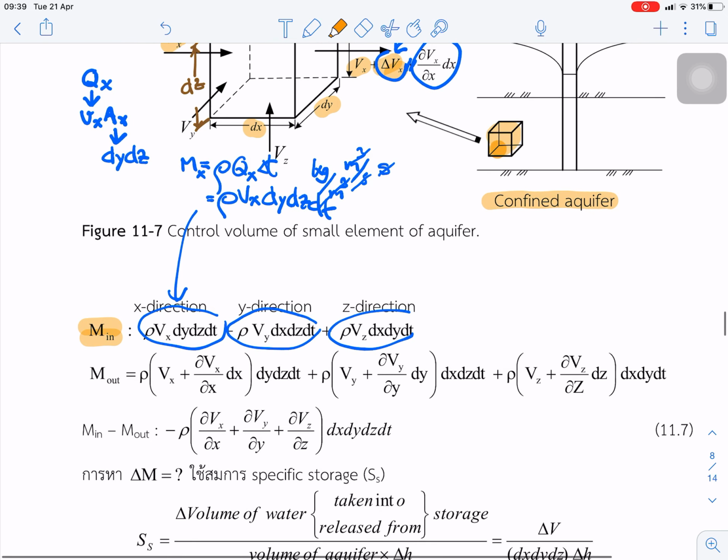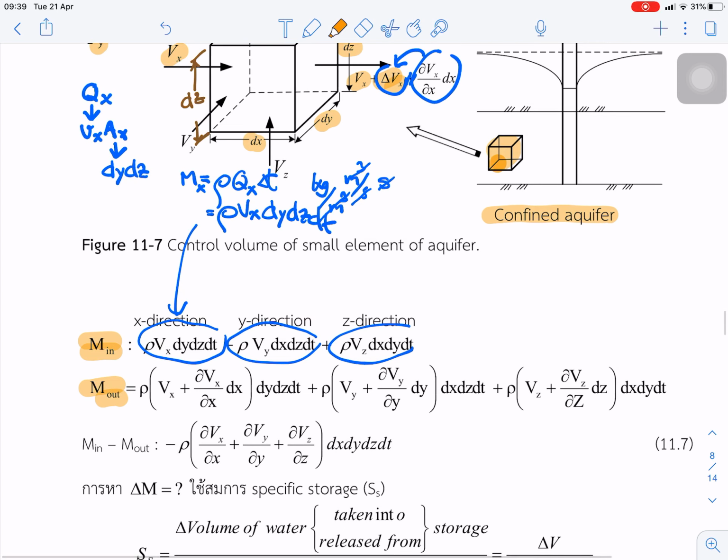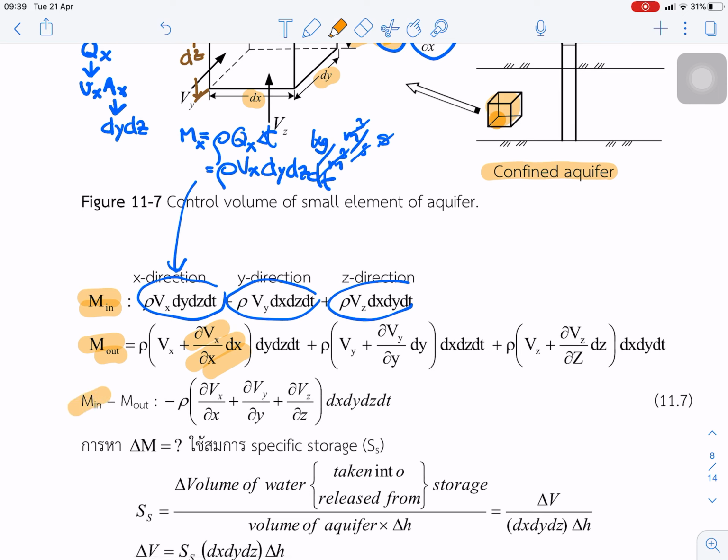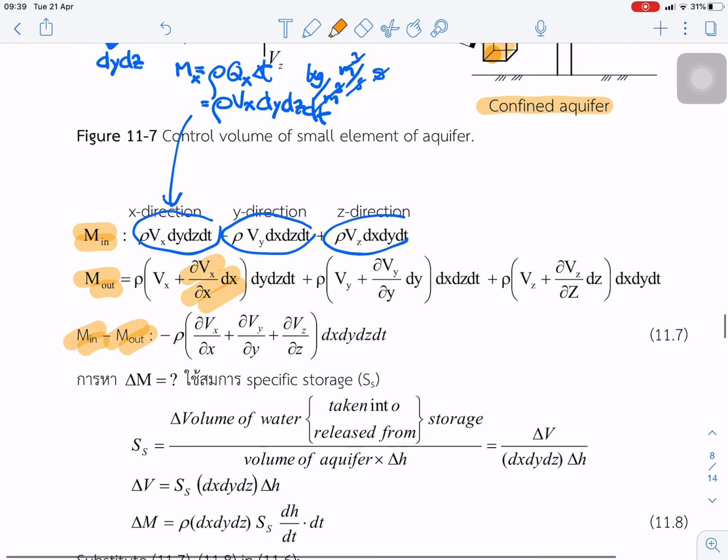For the mass out, we just add the change of velocity in this term, for all directions. And we take the difference between m in and m out, so we get this equation.